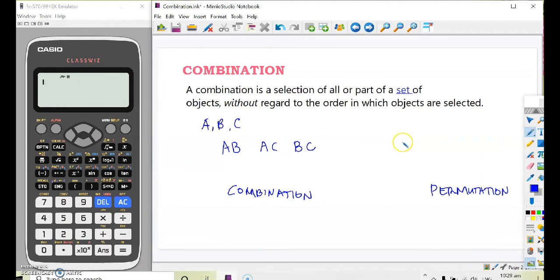A permutation, in contrast, focuses on the arrangement of objects with regard to the order in which they are arranged. So if we are going to get the permutation of the three letters taken two at a time, AB is different from BA since the order is important in permutation. That's actually their distinction. But today we're going to focus on combination.